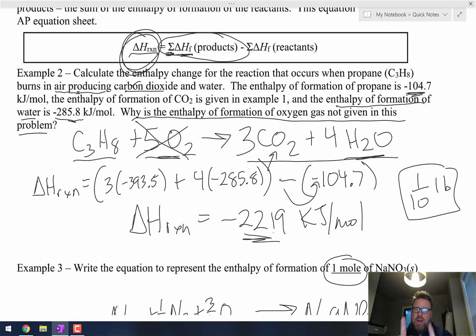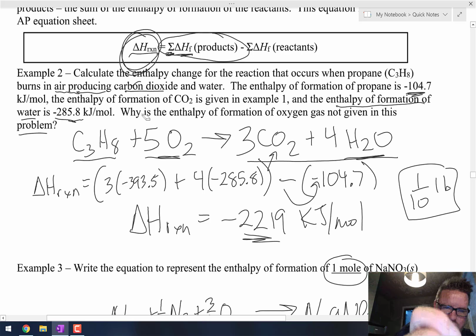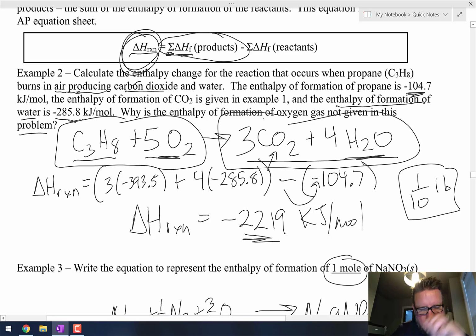Okay, now remember, another way that we could have calculated this without using enthalpies of formation is they could have given us the bond energies for all of these. And again, I just want you to remember that we could calculate how many bonds are breaking in C3H8, how many bonds are breaking here, and that would be our endothermic part.